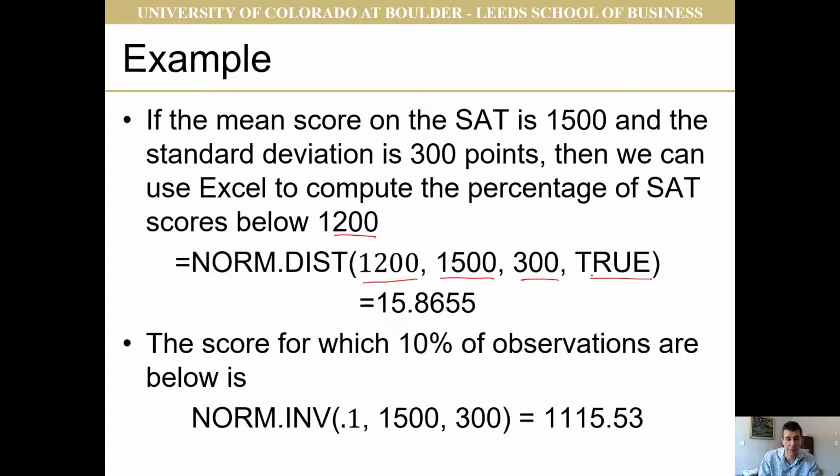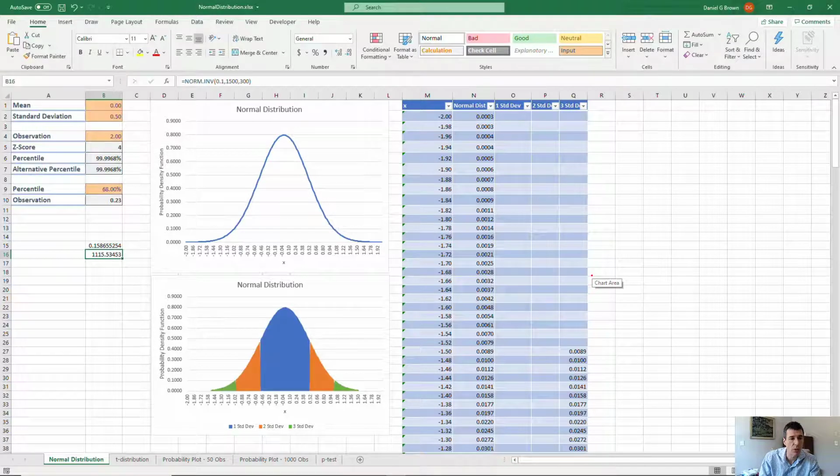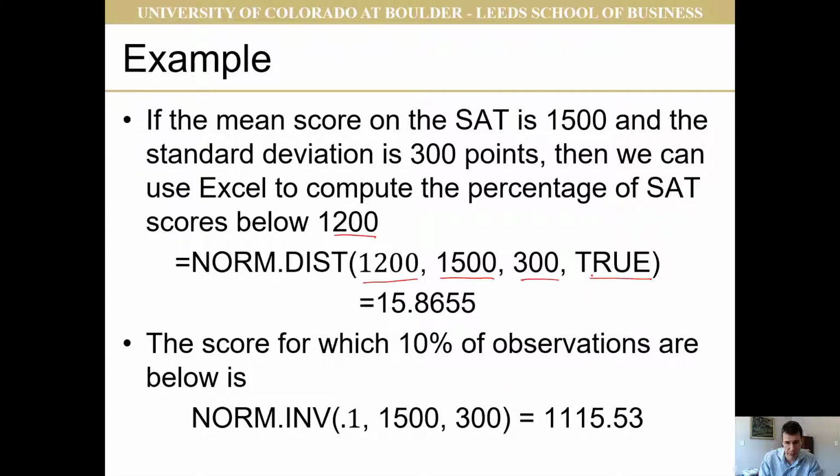So let's just check that. Equals norm.inv of the probability, the mean, 1,500, standard deviation, 300, 1,115.53. Okay, so for that observation, 1,115.53, if we have a random SAT score, a random person takes the SAT and we look at their score, there's a 10% chance that their score will be less than 1,115.53.